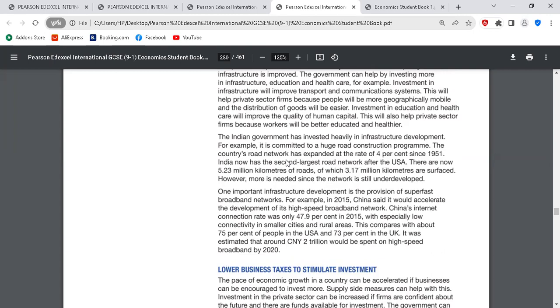Do you get the point here? One of the supply side policies is to invest in infrastructure. And when you are able to invest in infrastructure, you become developed. You become industrialized. Then you can produce more goods and services, which India is doing, China is doing. I think the point is clear.